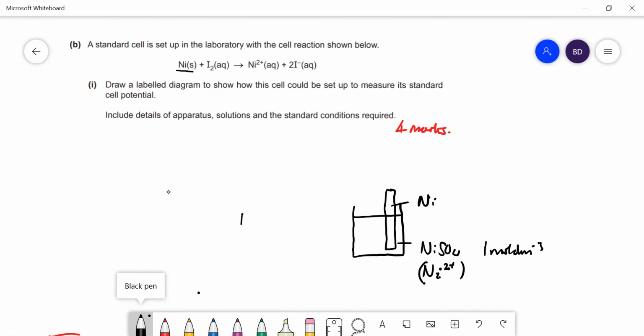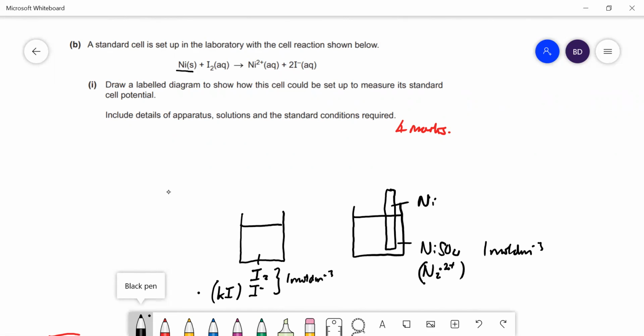And then on the other electrode, we're going to have iodine, 1 mole per decimeter cubed, and iodide ions, both 1 mole per decimeter cubed. This will probably come as potassium iodide, yeah, in there.